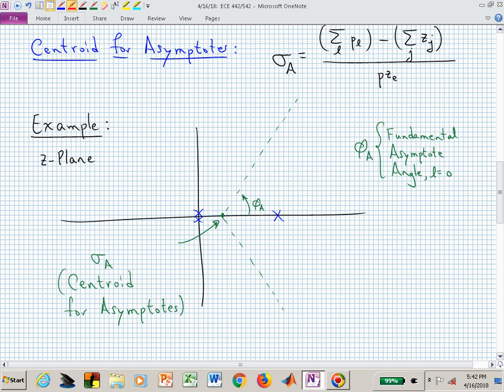No, because there's not an odd number of poles and zeros to the right. What about between those poles? So we have a section here, or some of the root locus is there. How many branches of the root locus are there? On that one segment, how many branches of the root locus are on that segment?